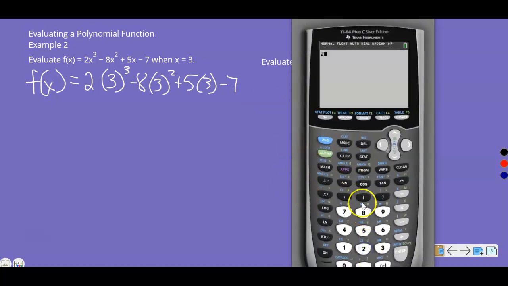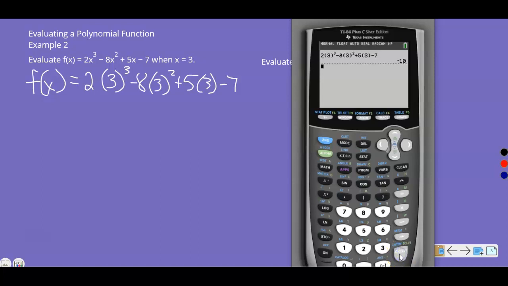So we can just type this in, 2 times 3 raised to the third power. Make sure you bring that back down. Minus 8 times 3 squared plus 5 times 3 minus 7.